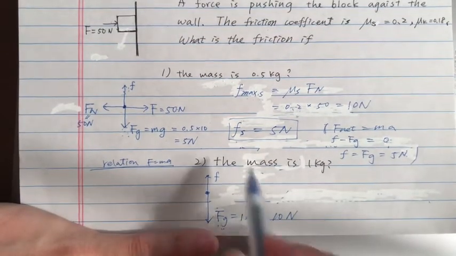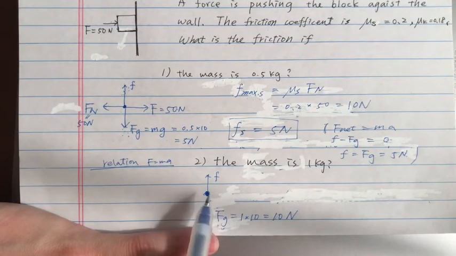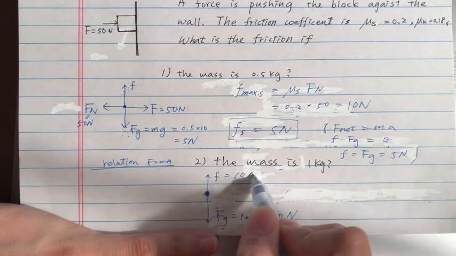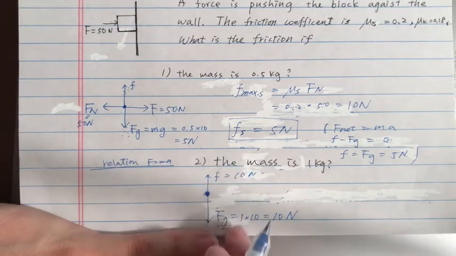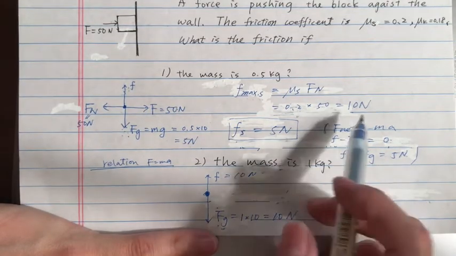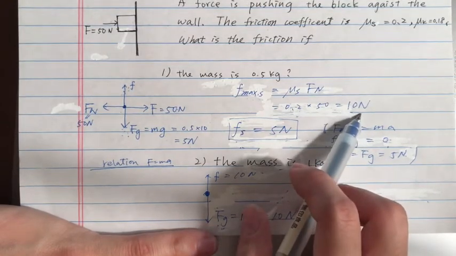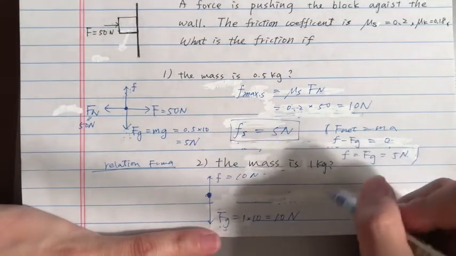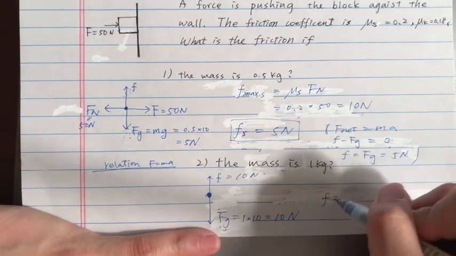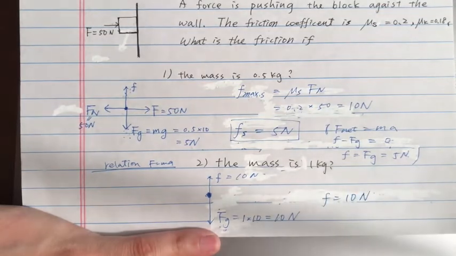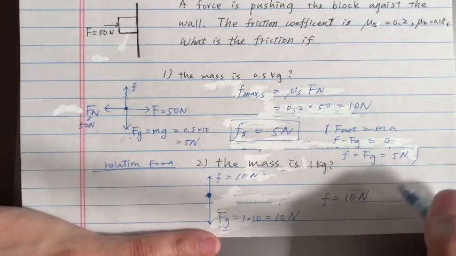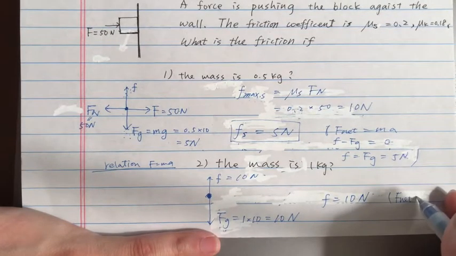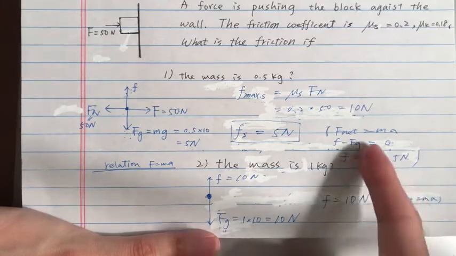All right, so if this object is at rest, this friction force should also be 10 Newtons to cancel this out, right? And that is okay because the maximum amount of friction force we can have on the wall is 10 Newtons. So yes, it is possible. So in this case, the friction force would be 10 Newtons. Again, I get this from Newton's second law, the same logic.